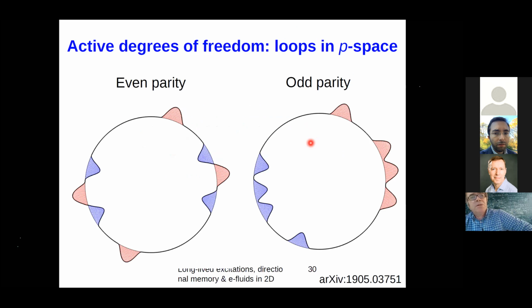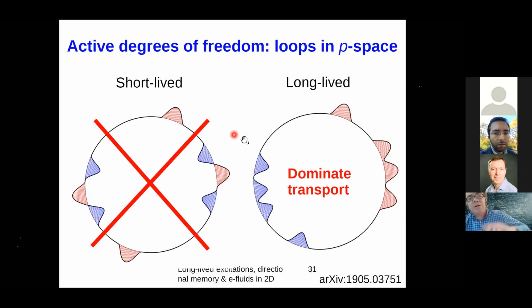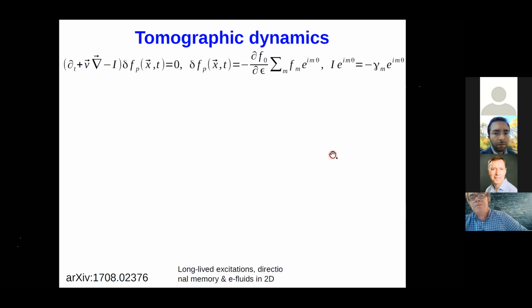First of all, if you want to really understand response functions, you want to do what we said: decompose the distribution into even and odd parity components, integrate out the even parity ones, and then derive a response function based on the odd parity ones.